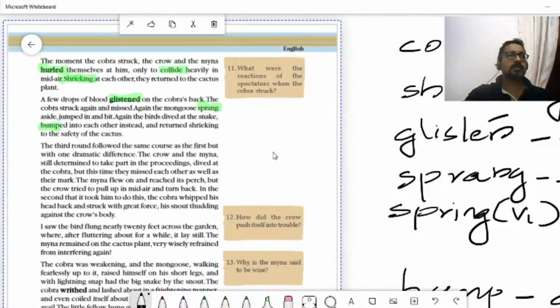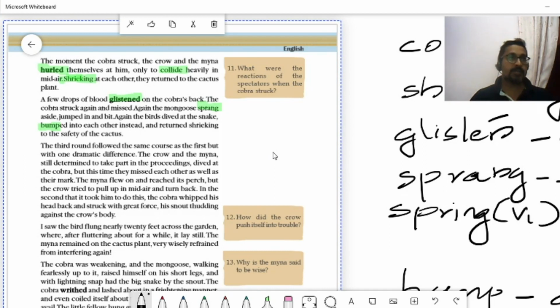The moment the cobra struck, the crow and the myna hurled themselves at him, only to collide in the midair. So, as I told you earlier, the fight was not only between the cobra and the mongoose, it was also between cobra, mongoose, crow and myna, mongoose on one side and cobra on the other side.